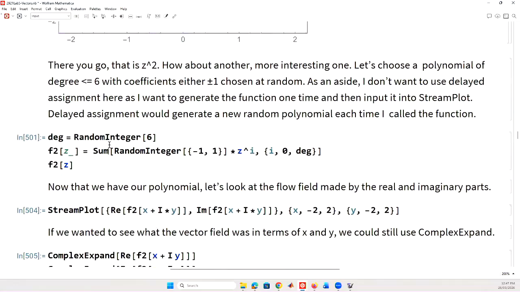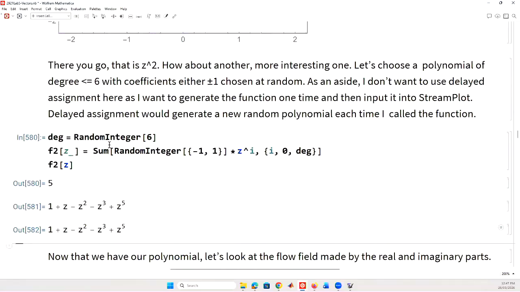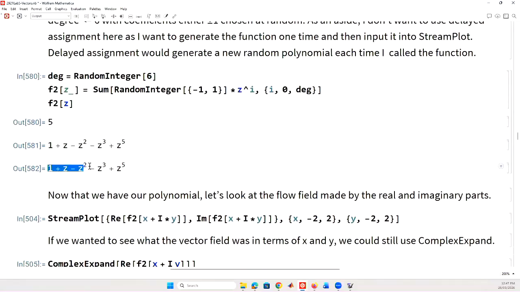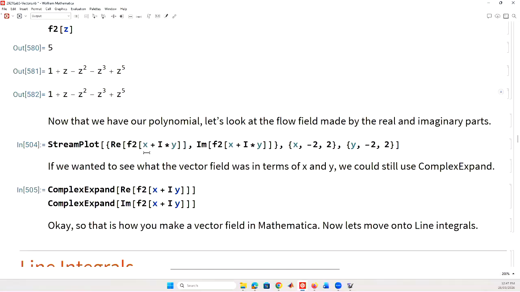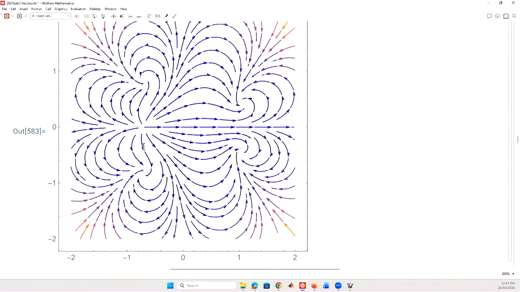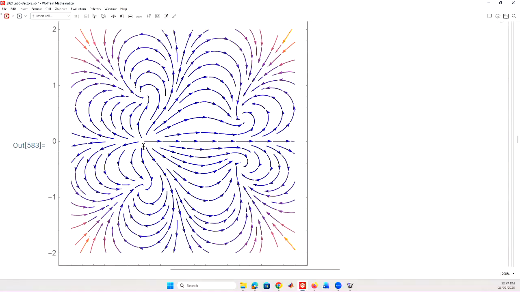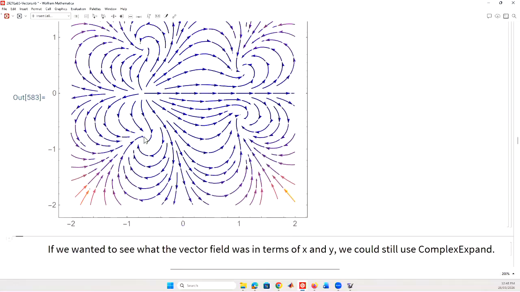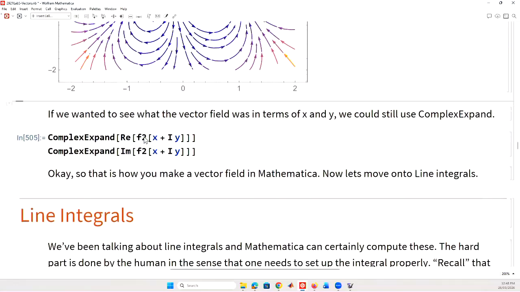Here there's a few more plots. So in this case, they're going to plot a much more complicated function of z. Fine. Let's look at its flow field. Kind of cool. You can generate as many of these as you want, and the fun thing is each of these corresponds to a 0 curl, 0 divergence vector field that can model, say, for example, electromagnetics or a flow, where any of these points where they sort of seem to converge or spread are points of sources or sinks.